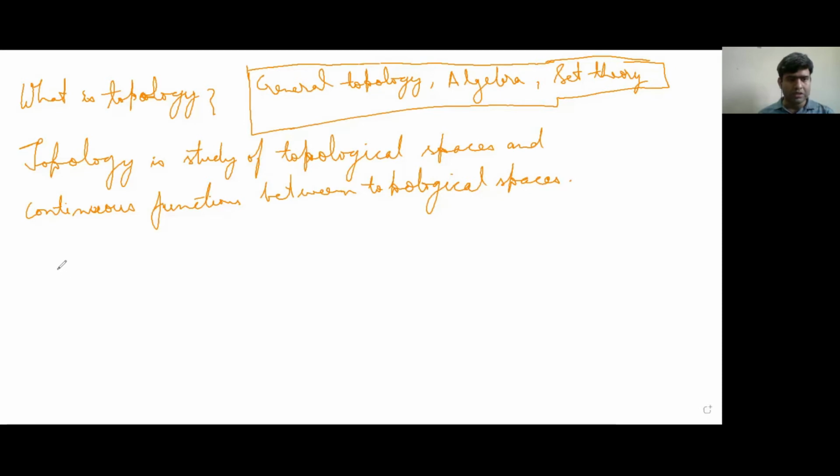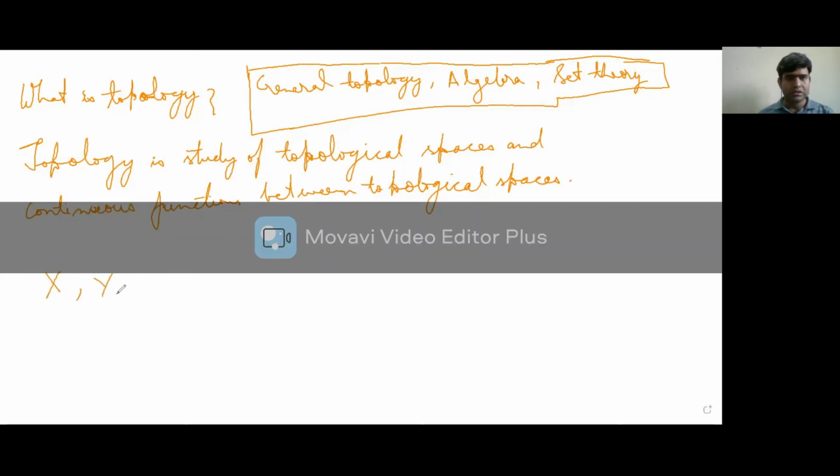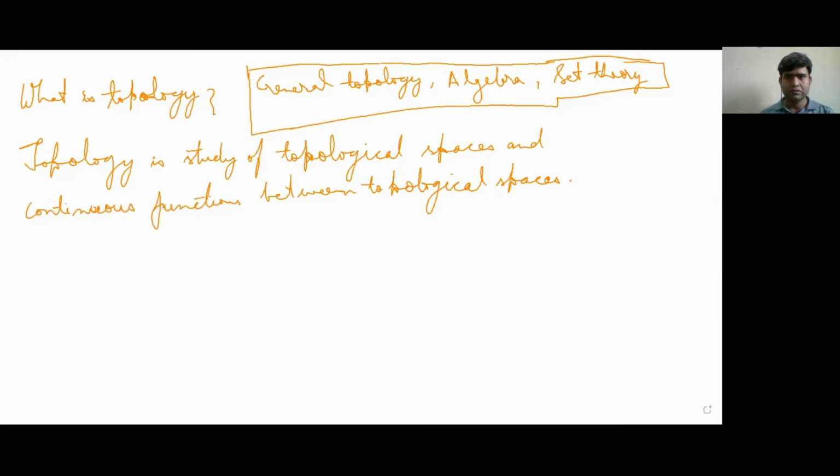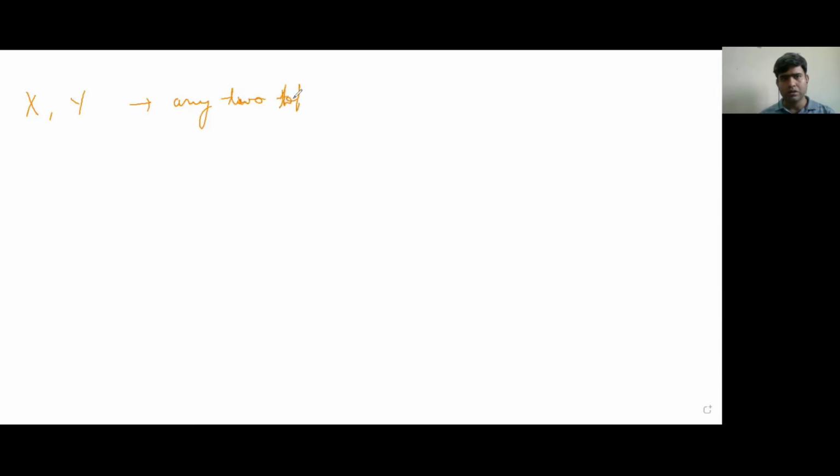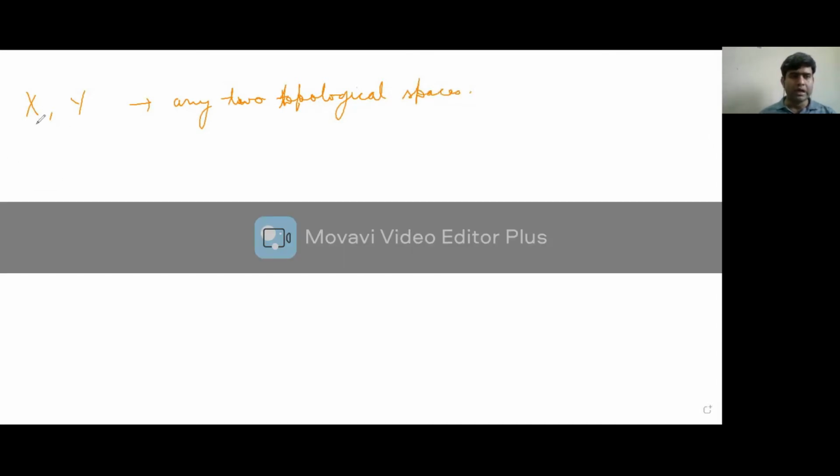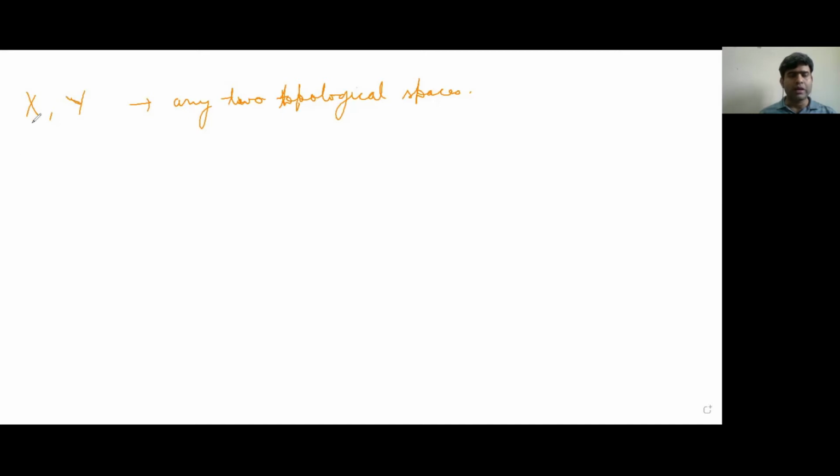Given any two topological spaces X and Y, how do we know whether they are equivalent to each other?